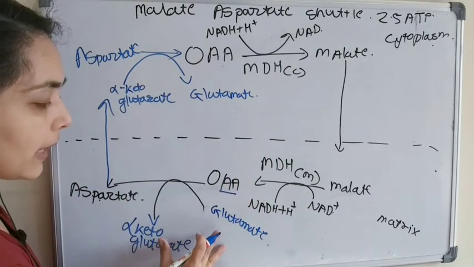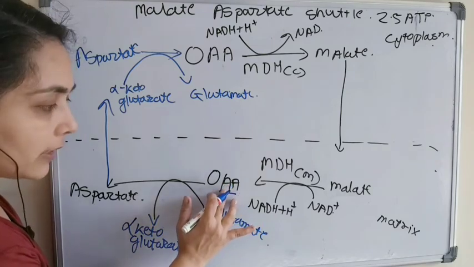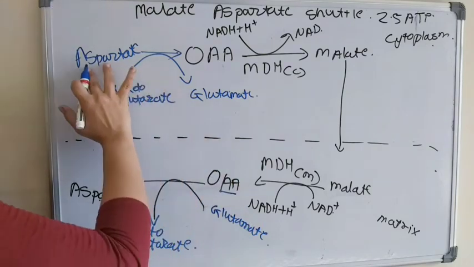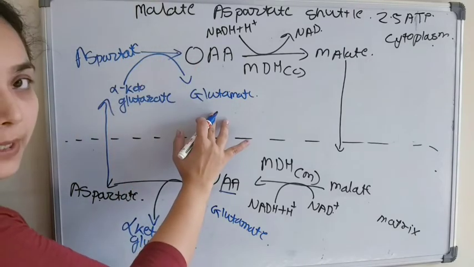Exactly the reverse thing is happening. When glutamate transfers, the amino group is accepted by oxaloacetate, and here when aspartate transfers, alpha ketoglutarate will convert to glutamate.